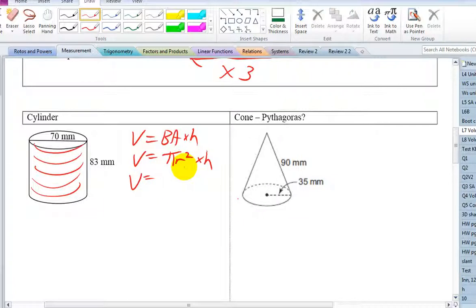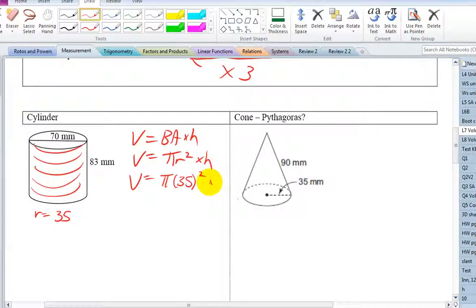Now I say r squared. What is r? 35. Okay, so you're right, it's the radius. We'll always give you diameter, folks, just to make sure you're paying attention. So pi times 35 squared times the height of the cylinder, which is 83.